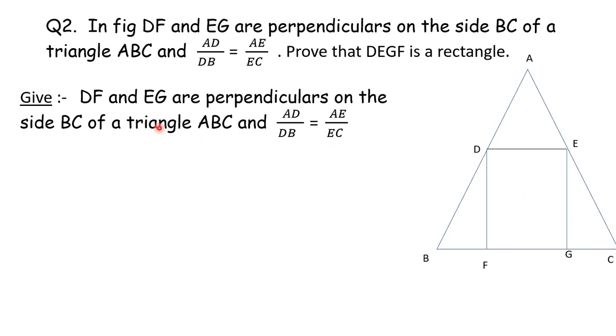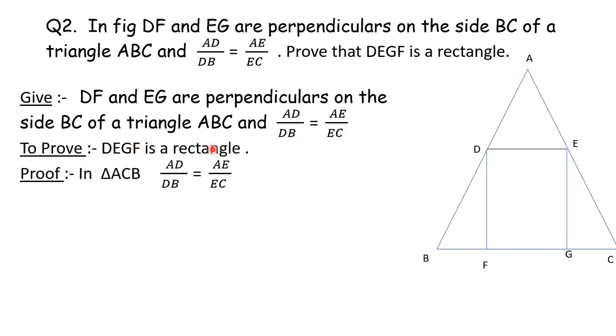So let's start. It is given that DF and EG are the perpendiculars on the side BC of a triangle ABC with AD upon DB equal to AE upon EC. We have to prove DEGF is a rectangle.